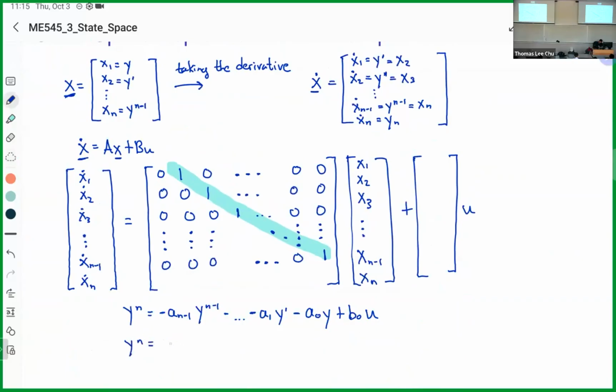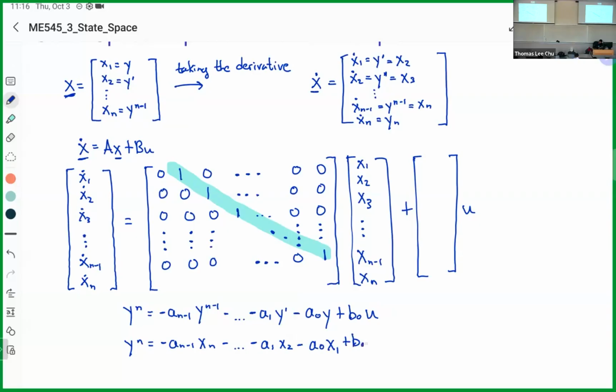Another way of looking at it, xn dot is equal to minus an minus 1 xn, minus and so on, minus a1 x2 minus a0 x1 plus b naught u.